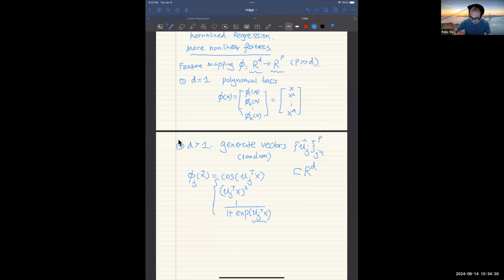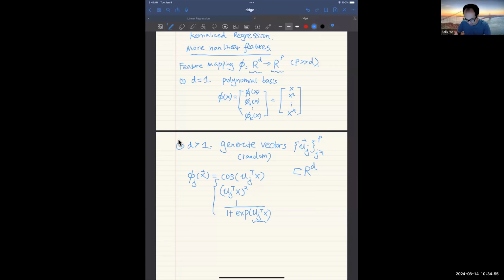Then after that you take the square of that. So this becomes a scalar value. And of course, j is chosen from 1 to p. Then you have a bunch of more features to be created.